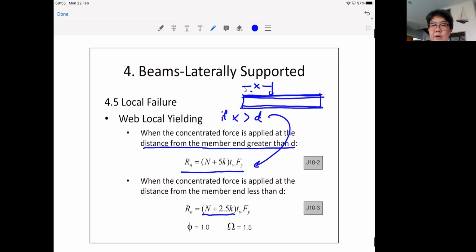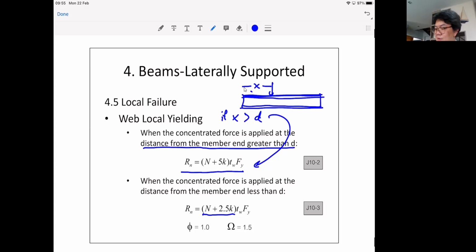Now, a little bit of history here. When they were looking for local web yielding, actually they were looking for web crippling. They tried a lot of experiments to investigate the web crippling behavior of the beam, but sort of accidentally, they also found that the web could also fail under yielding as well. And somehow the crippling is always the more serious one and probably going to govern most of the time.